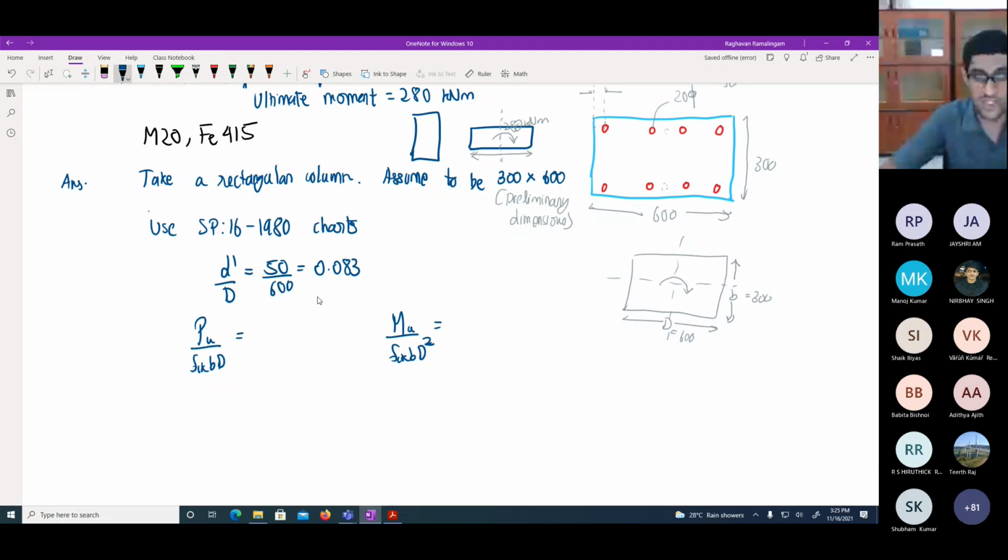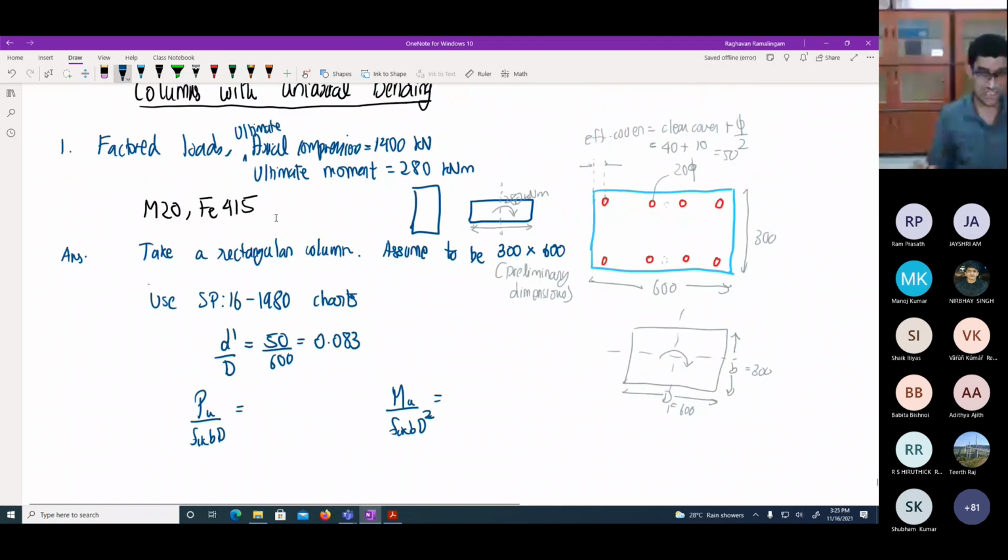The values of PU and MU are given above, factored values, ultimate values. FCK is 20. So basically you have 1400 divided by 20 into 300 into 600, and here you have 280, 20 into 300 into 600 square.